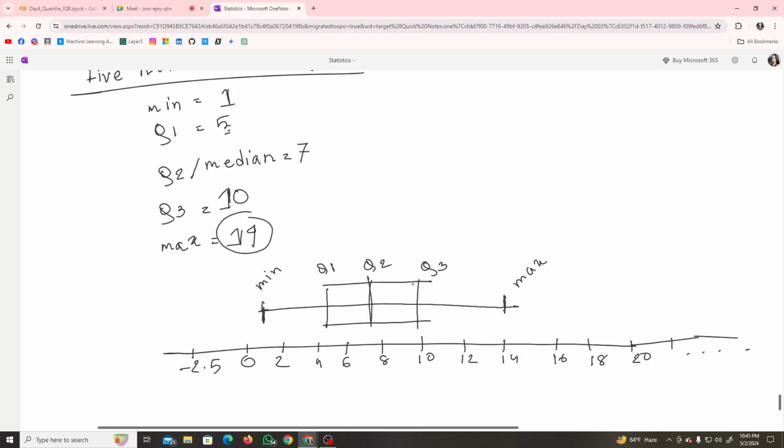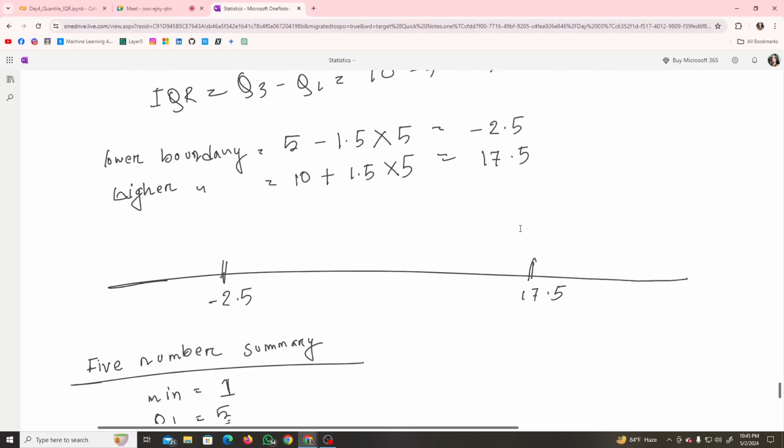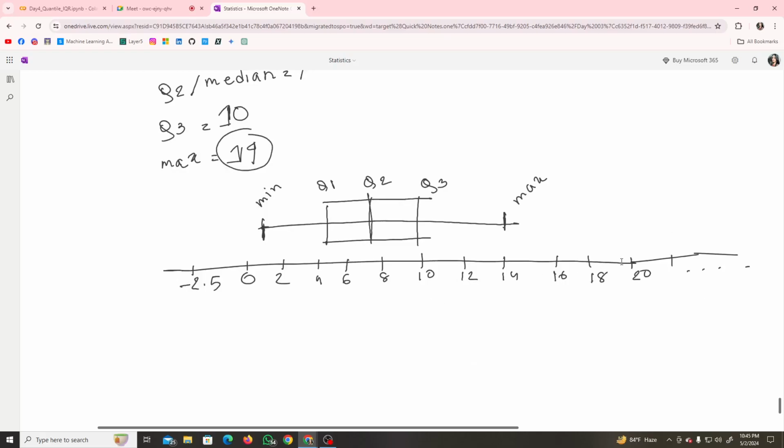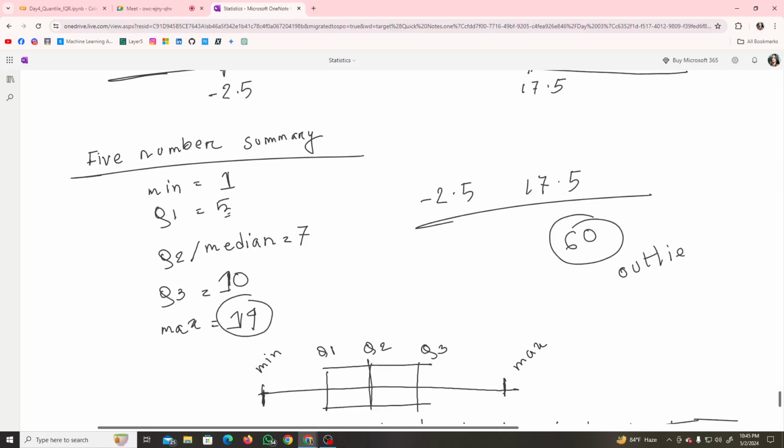But you see, you had another number which is 60, and the 60 does not fall under the range. The 60 does not fall under minus 2.5 to 17.5. So in this dataset, the number 60 is considered an outlier.